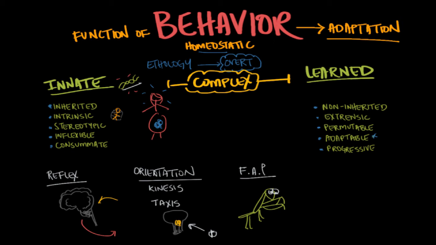As an example, let me draw an insect. The ability of an insect to fly starts off as innate. All these insects are born with their wings and they have this innate ability to fly, but eventually through learning, the insect becomes more efficient in its ability to fly.